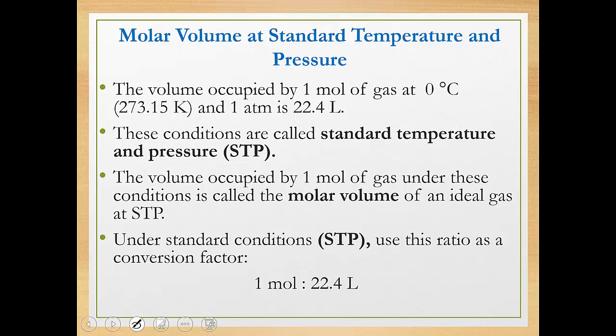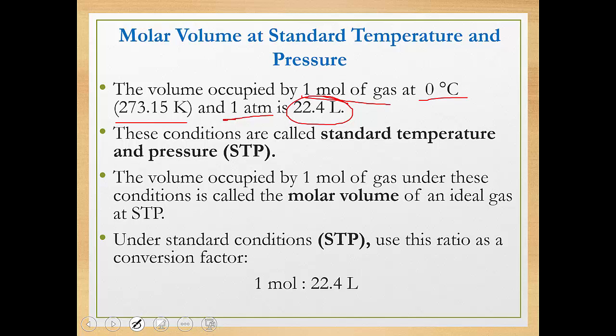There is one other aspect to dealing with molar volumes that we want to talk about, and that's the idea of a molar volume at what is known as standard temperature and pressure, or STP. So if I have 1 mole of any gas, doesn't matter what the gas is, 1 mole of gas that is at 0 degrees Celsius, which is 273 Kelvin, and 1 atmosphere of pressure, the volume of that gas will be 22.4 liters.